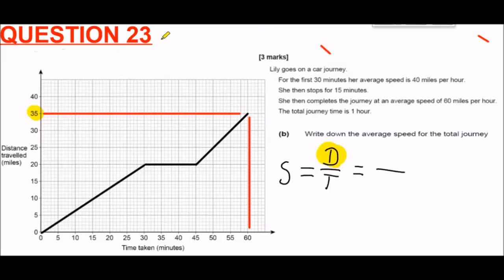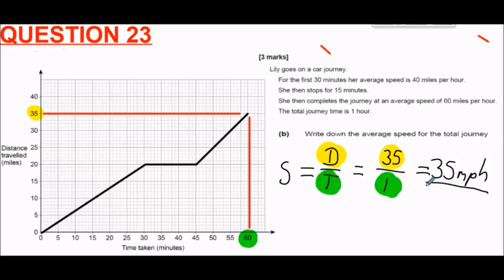But of course we're not really interested in minutes, we would like hours. So distance divided by time. The distance, as we can see, is 35, and the time is 60 minutes, which should be 1 hour exactly. So distance divided by time, 35 divided by 1, any number divided by 1 stays as itself. So for the journey in total, it's 35 miles per hour. Only a 1 mark question, but just to make sure you understand where the answer comes from.